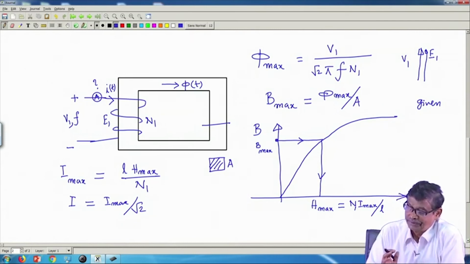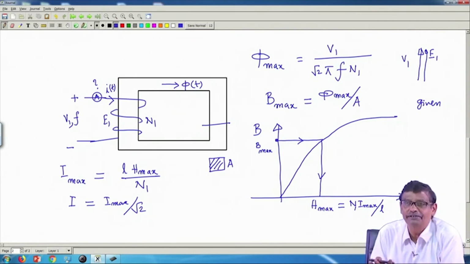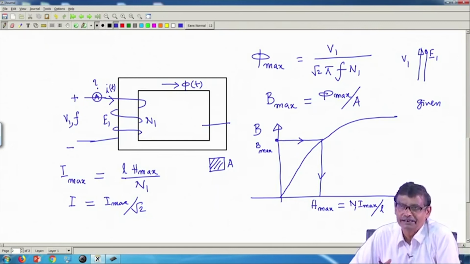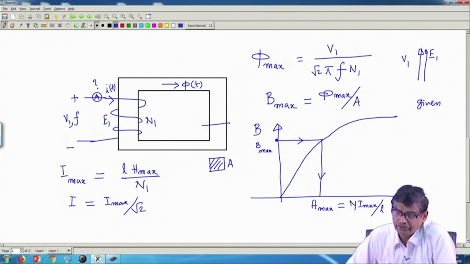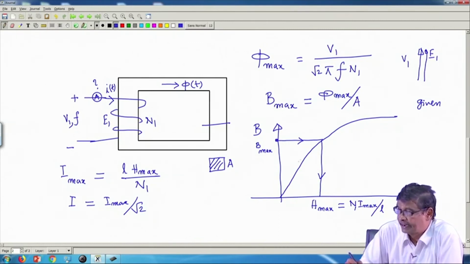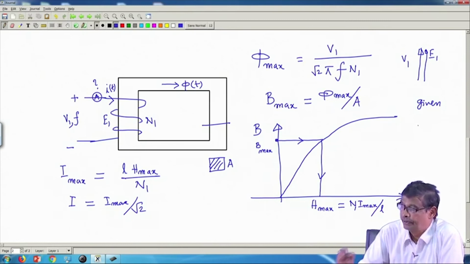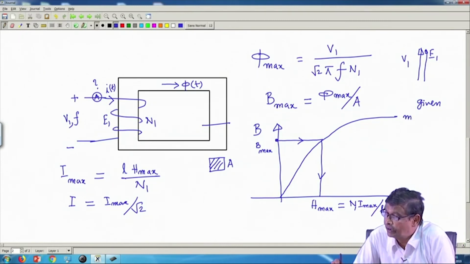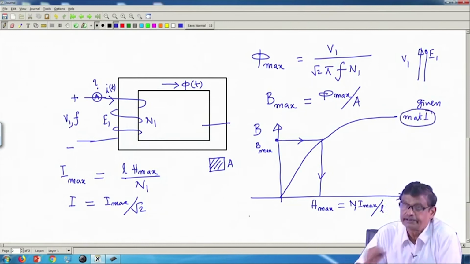Now, if you understand this part, then we really can discuss much more about an ideal transformer, although I have not used the term ideal yet, at least in today's lecture. Suppose I say that this magnetic material and its BH characteristic is this one. So, this is suppose material 1, for which the BH characteristic is known.